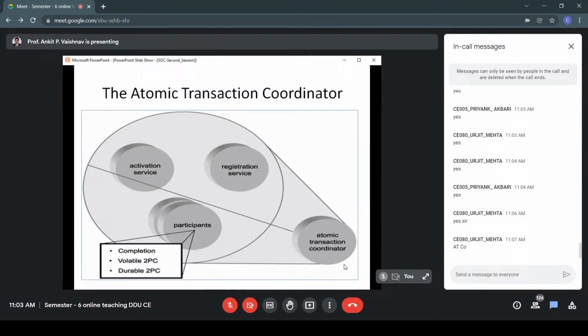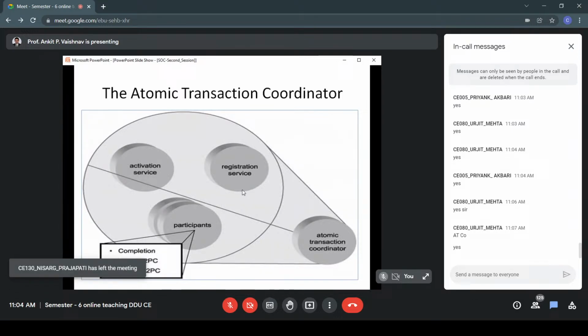Yes, that is the AT coordinator. Correct, right? Registration service will just let you register for those protocols. Are you getting the difference between registration and AT coordinator? Make sure that you don't get confused over here, even with respect to MCQs or theory. You should know the role of each service, right?